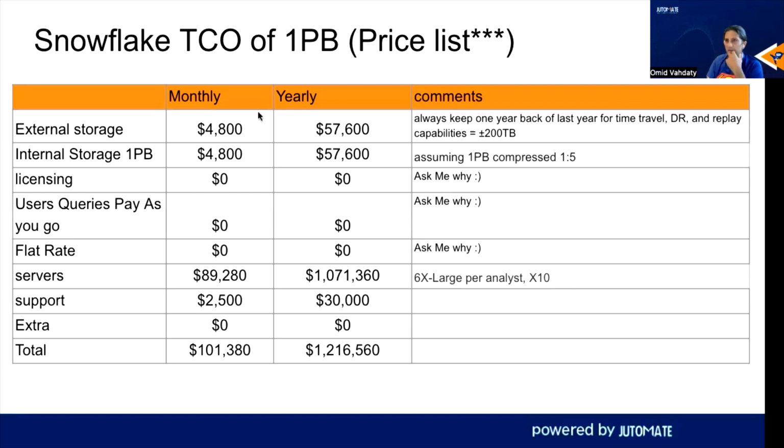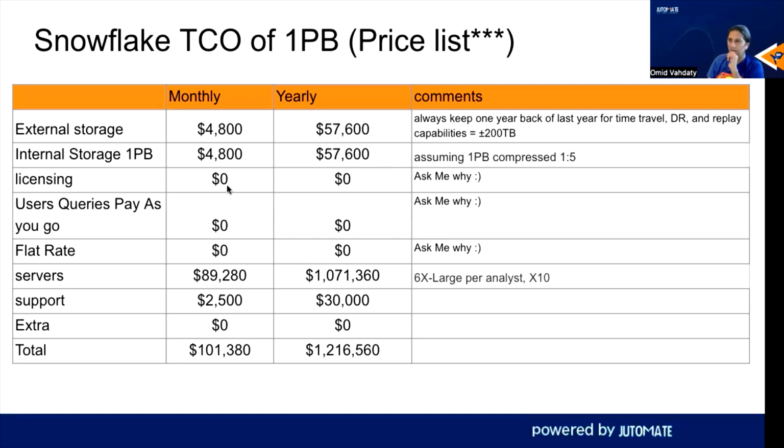So in this case, we're talking about external storage, which would be on S3 compressed. So it will be about 200 terabytes, which roughly sums up to about 5K monthly, which is about 60K yearly. Internal storage is after the insert, where you insert data to Snowflake, also estimated at the same number.